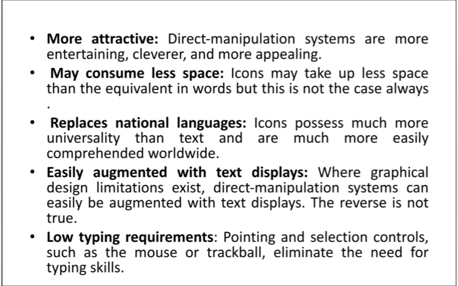But the reverse is not possible. You can't augment graphics into text. That is not possible. You can't convert graphics into text, but you can convert text into image format. So you can click on that text that is converted into an image. That is also possible if you are using a graphical user interface.